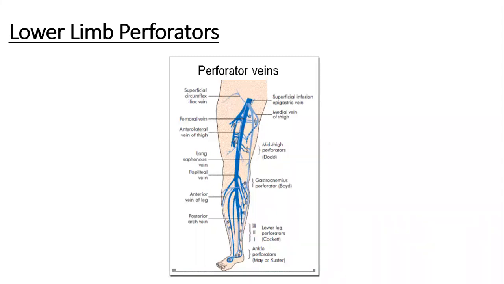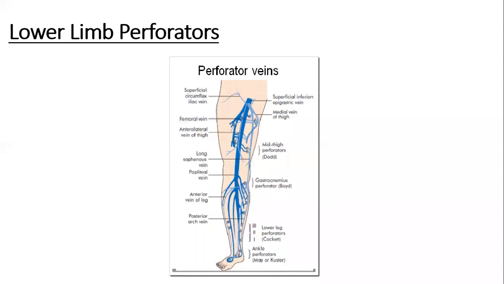The lateral ankle perforator connects the lateral plantar vein with the small saphenous vein, whereas the anterior ankle perforator connects the dorsal foot arch with the fibular and anterior tibial veins.